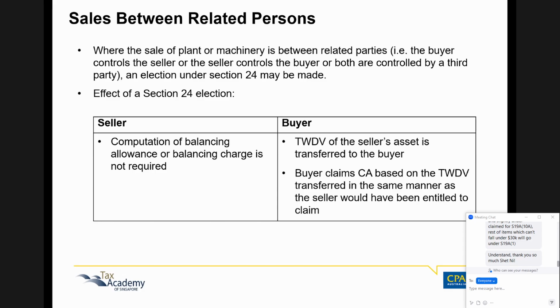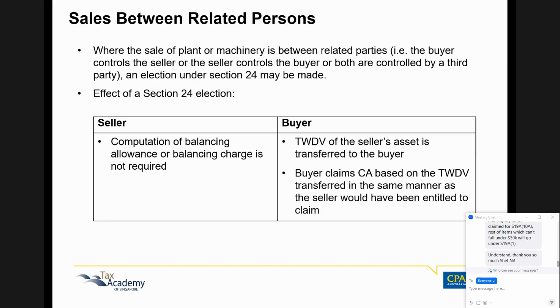Still on capital allowance, there may be a case where the sale or transfer of machinery is actually between related parties, meaning the buyer may control the seller, or the seller may control the buyer, or both are controlled by the same party.